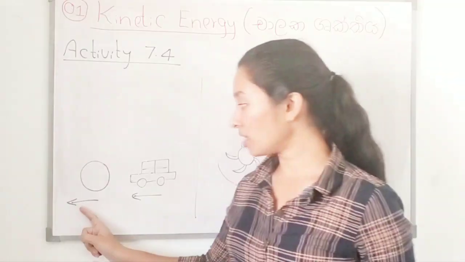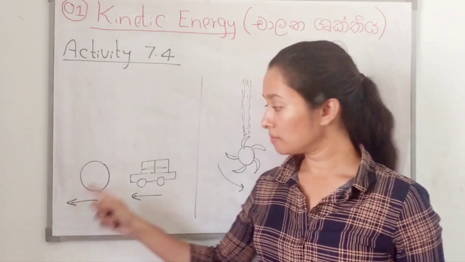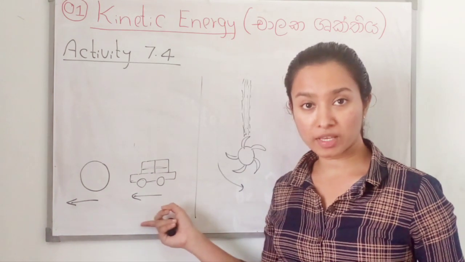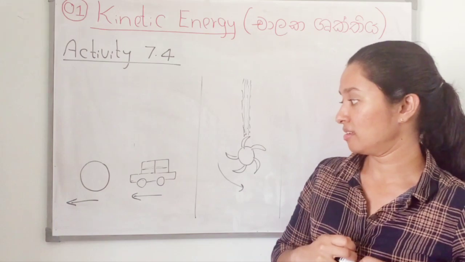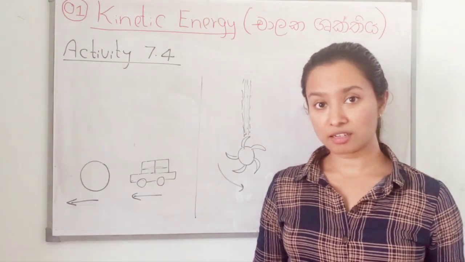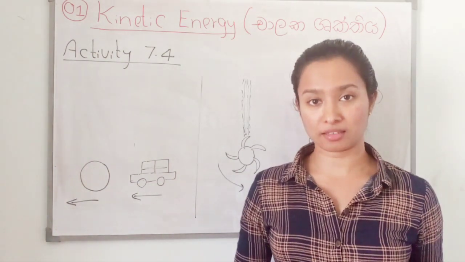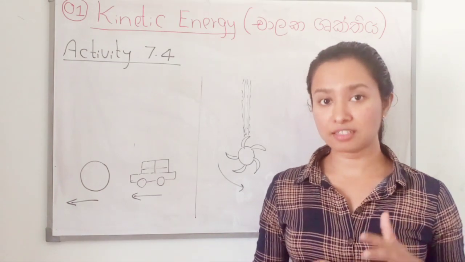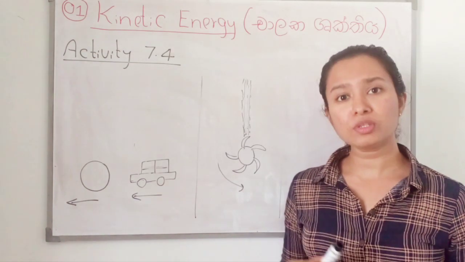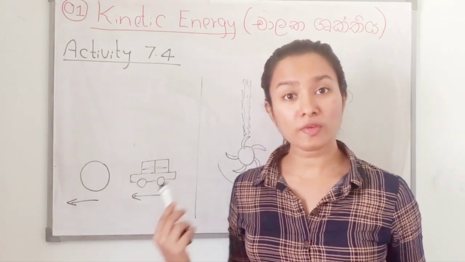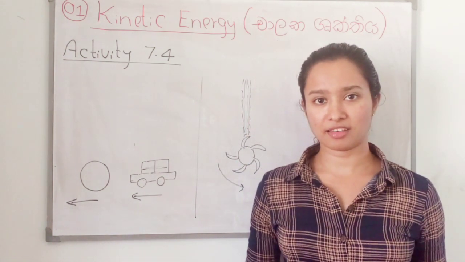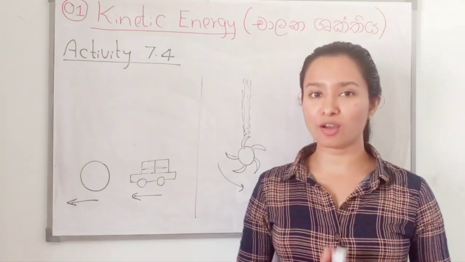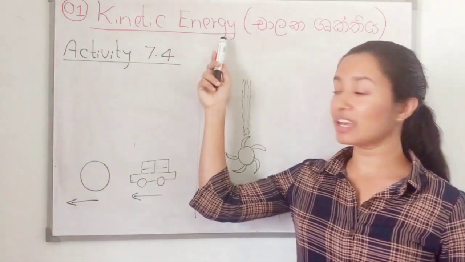Here the ball is moved because of this moving toy car. So we can think some work is done because of this moving thing. Some work is done. So to do this work, these moving things should contain some energy. So this energy we call kinetic energy.